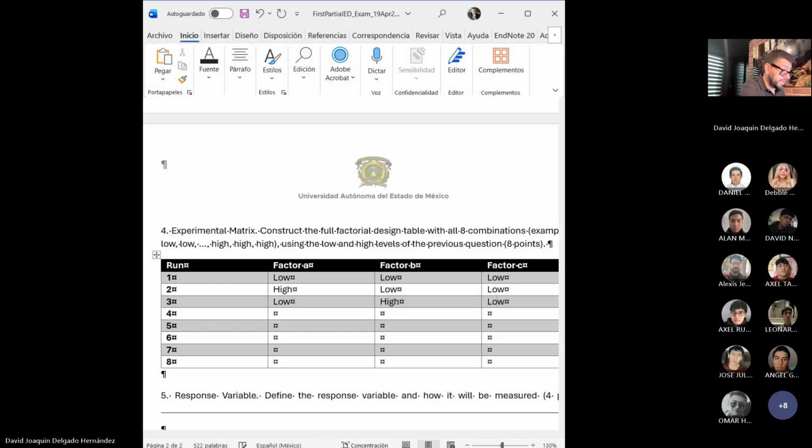Okay. And then in the fourth combination, for instance, you could put here high, high, low.